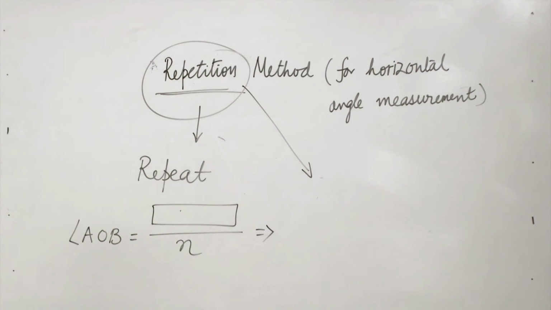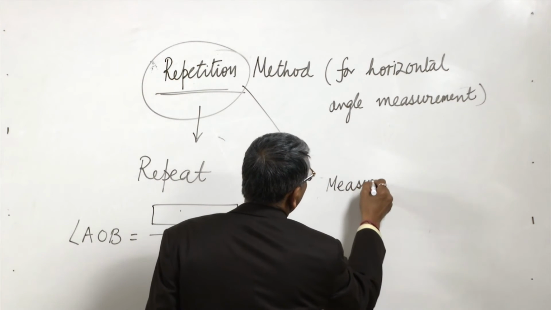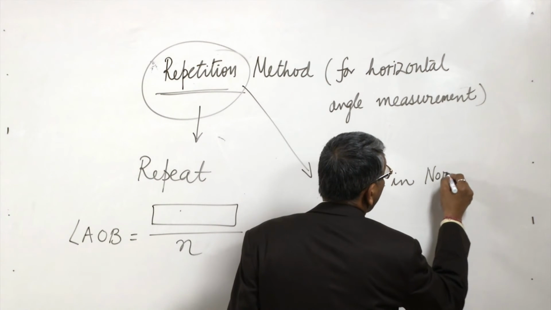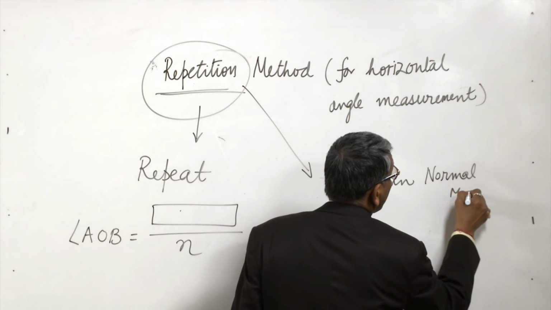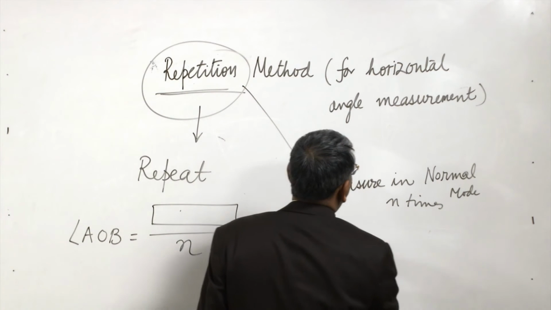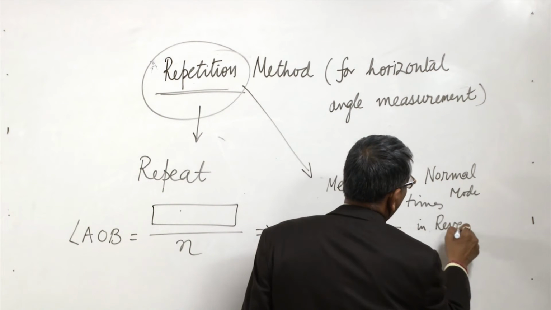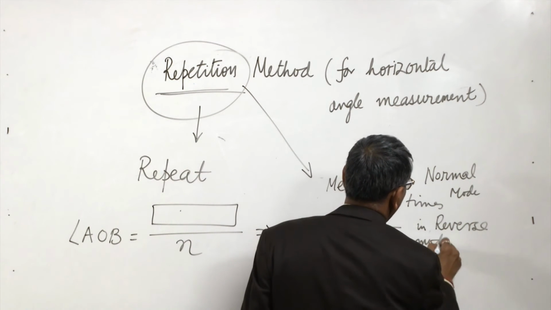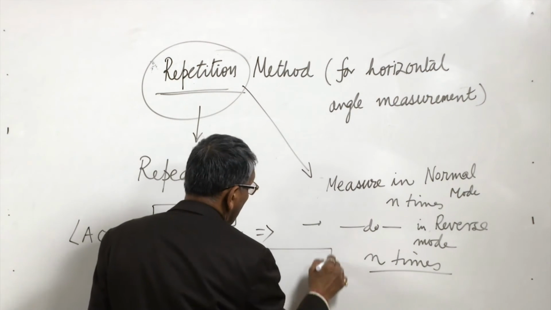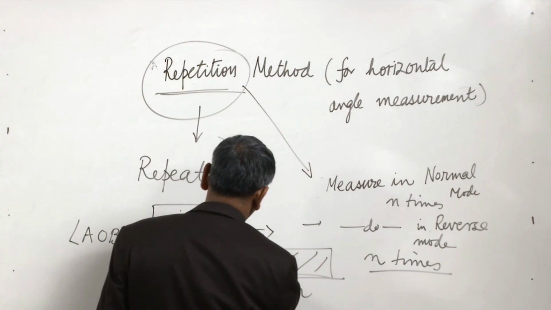One is to measure in normal mode n times, and also measure in reverse mode another n times. So whatever value we finally get has to be divided by 2n, as angle AOB will be 2n.